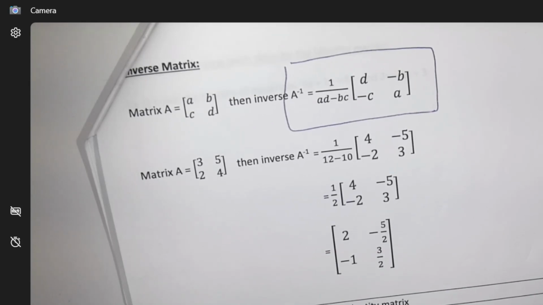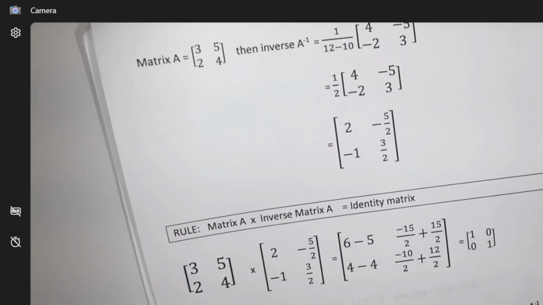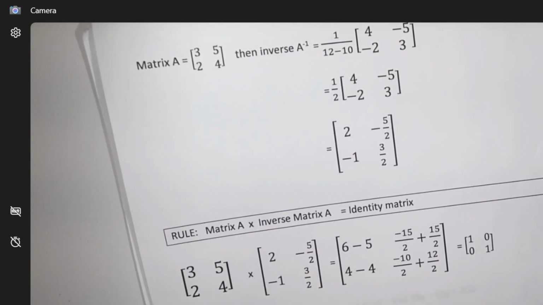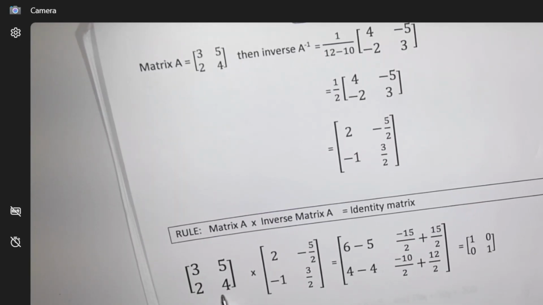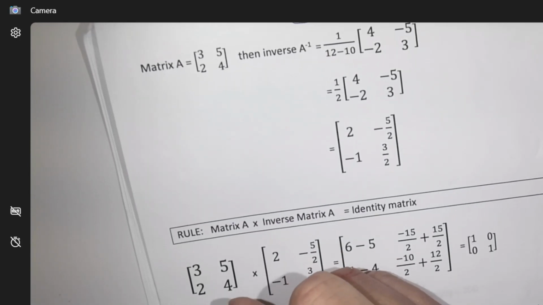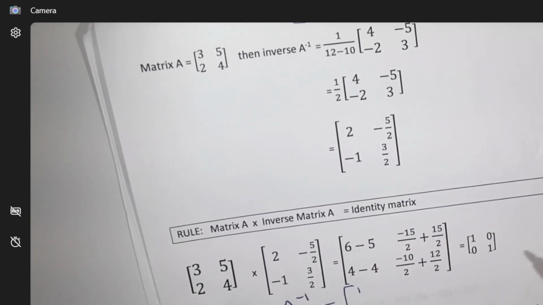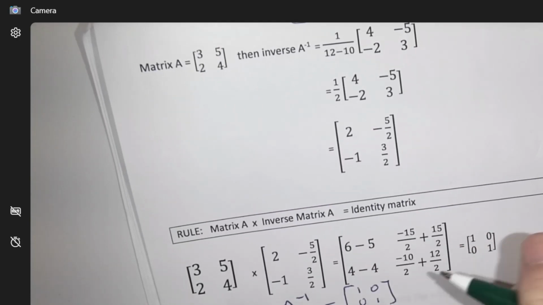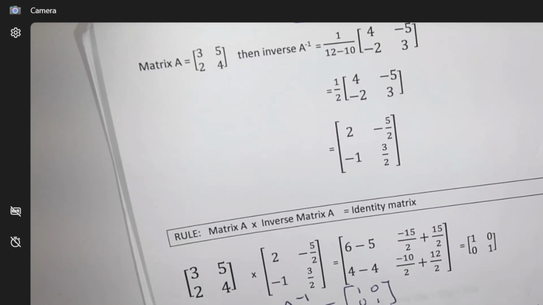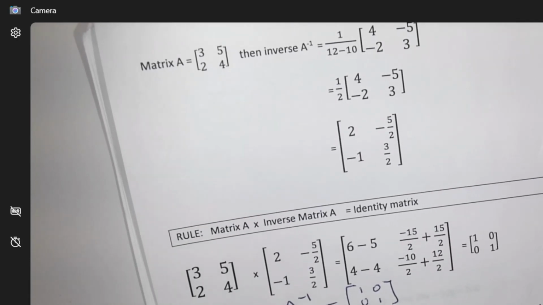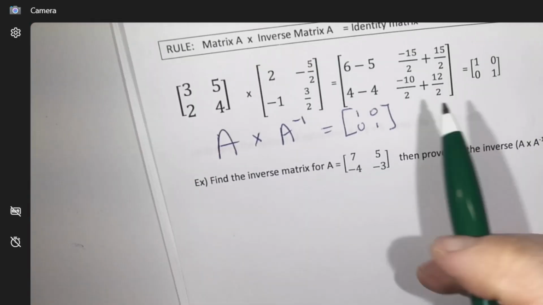Okay? Here's the rule. If you take any matrix times its inverse, it's going to make an identity. So that's what I wrote there.